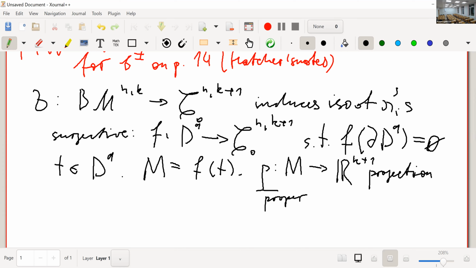We have a proper map from M to R k plus 1, the projection.